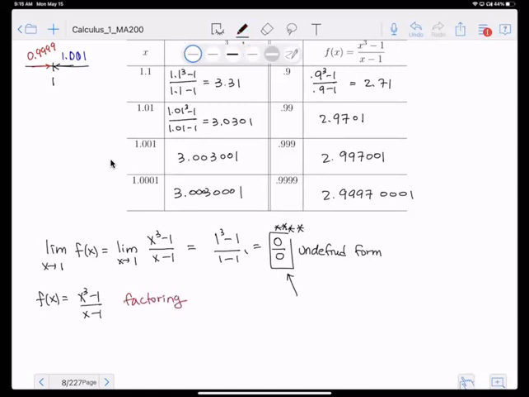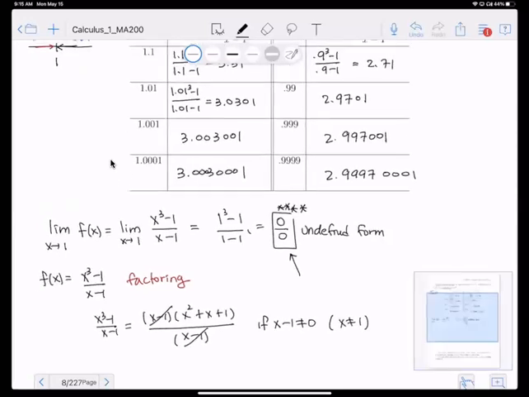We factor the numerator: x minus 1 times x squared plus x plus 1, all divided by x minus 1. Now, in algebra, we know we can cancel the numerator and denominator if x minus 1 is not equal to 0, or x is not equal to 1.